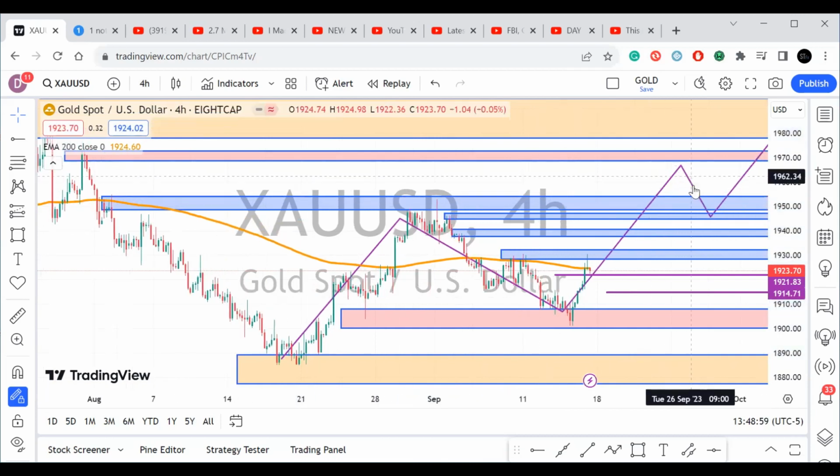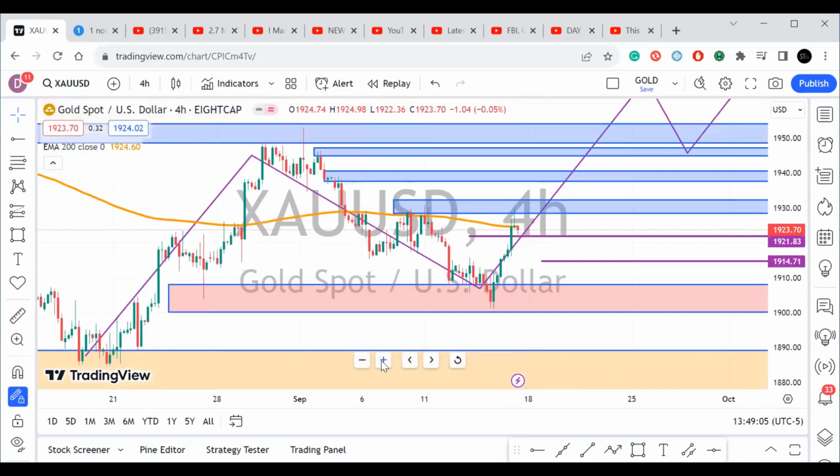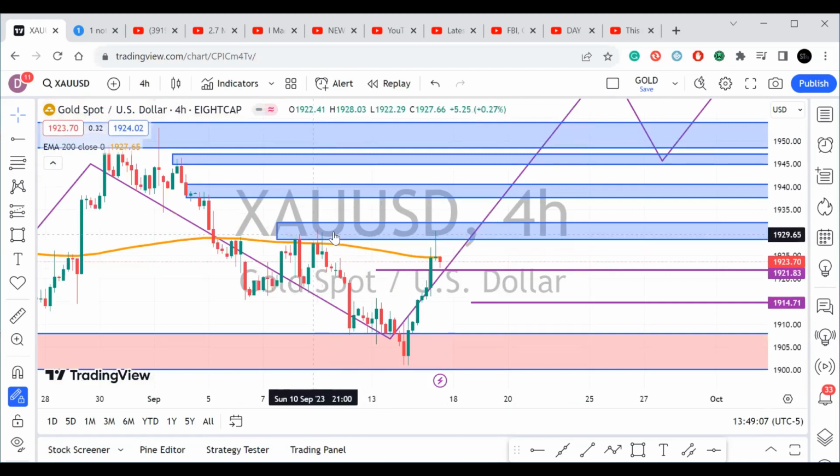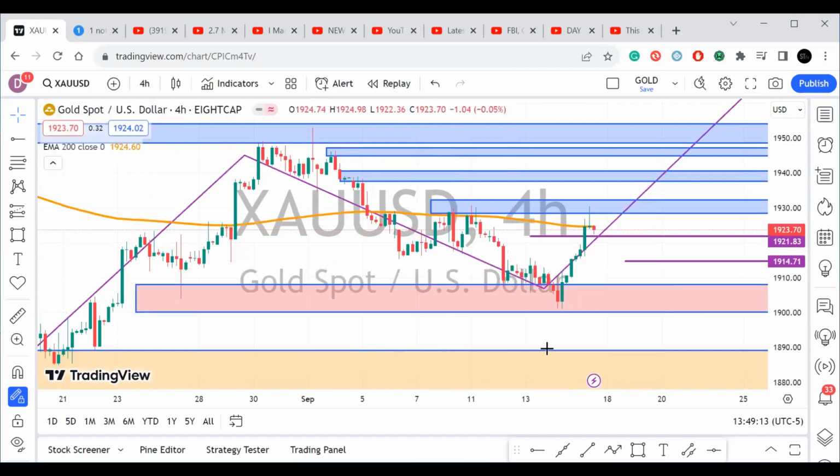Just following this big schematic. Now, from what happened on Friday, we could see how price broke our H4 structure.